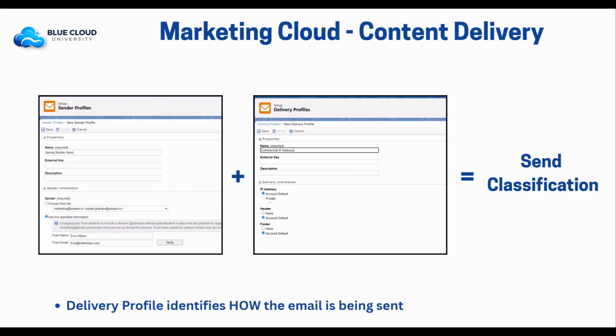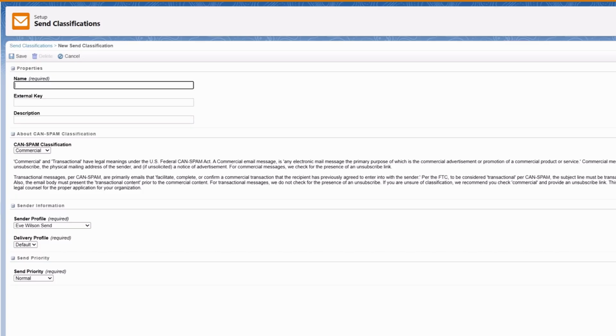By putting it together, it's almost like a sandwich we make. We say, okay, send classification, you're going to be a combination of a sender profile and a delivery profile pushed together. Now, how do we make this? This is an admin function, but when we create a send classification, the first thing we need to do is give it a name. So we say this will be our Roller Baby commercial send or something like that.